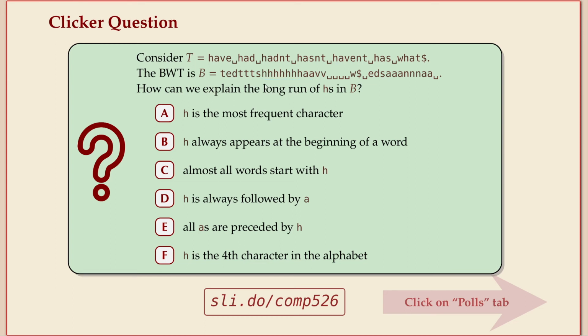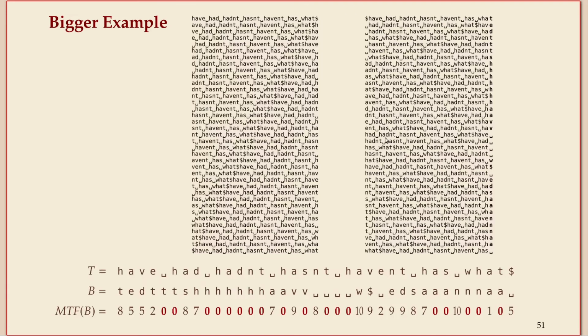Not quite as long, but this. What does that really tell us? How can we explain this run of H's? And be very careful about how to argue about this, because several of these answers make sense, but they're not necessarily all correct.